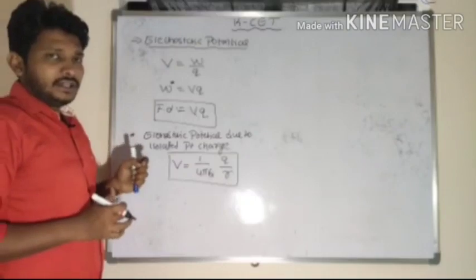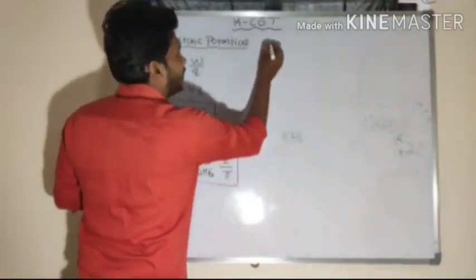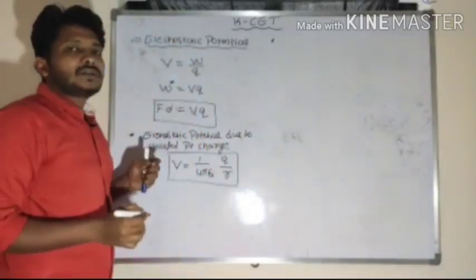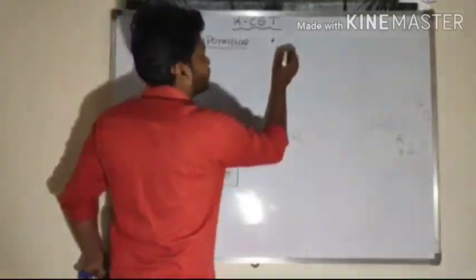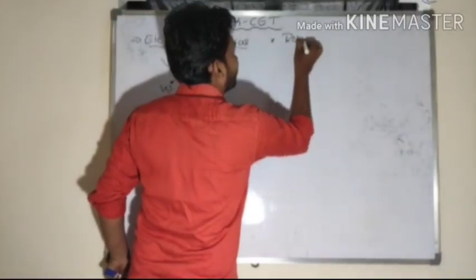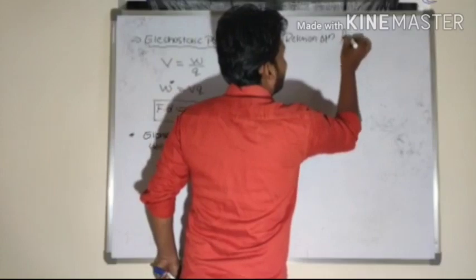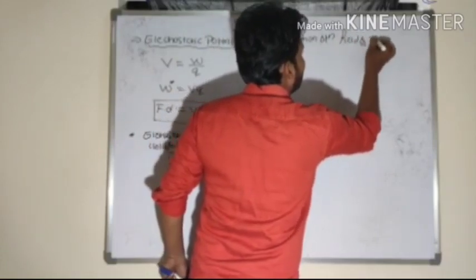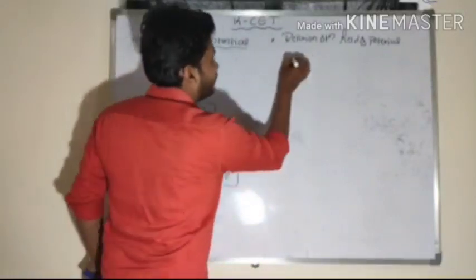Now, what is the relation between field and potential? I have to consider the relation between electric field and potential. What is the equation you derived?